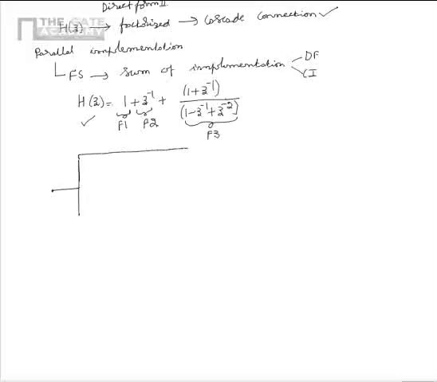The first branch corresponds to the weight 1, the second branch corresponds to the weight z inverse, the outputs of which are added to get the y of n. Now we realize F3 by using direct form implementation as shown.